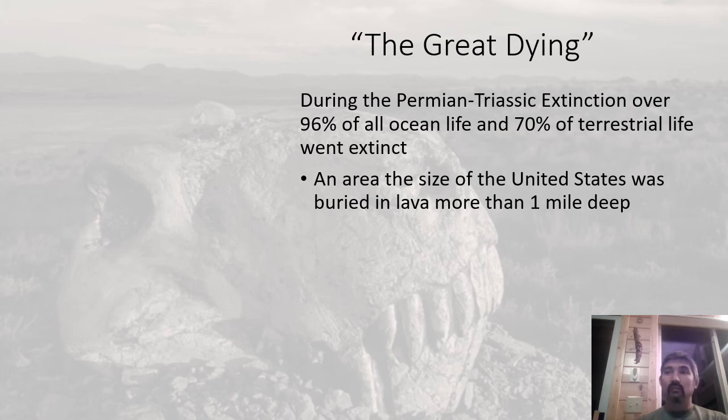And those coal veins burned for thousands, if not tens of thousands or hundreds of thousands of years. And so this continuous burning of coal created lots of greenhouse gases. Those greenhouse gases in turn not only caused global warming, but increased carbon dioxide in the air caused ocean acidification, and this in turn killed over 96% of all ocean life.